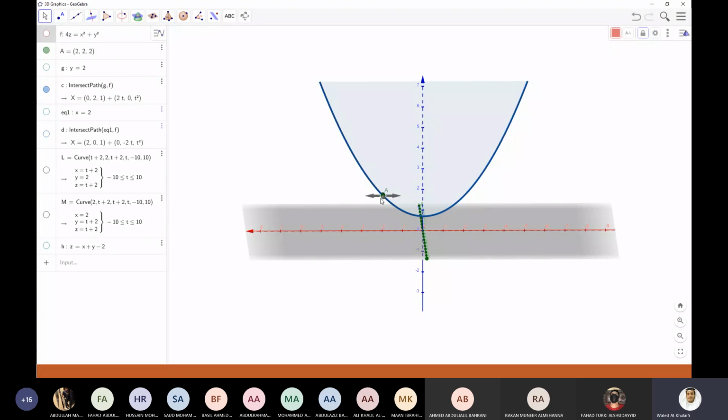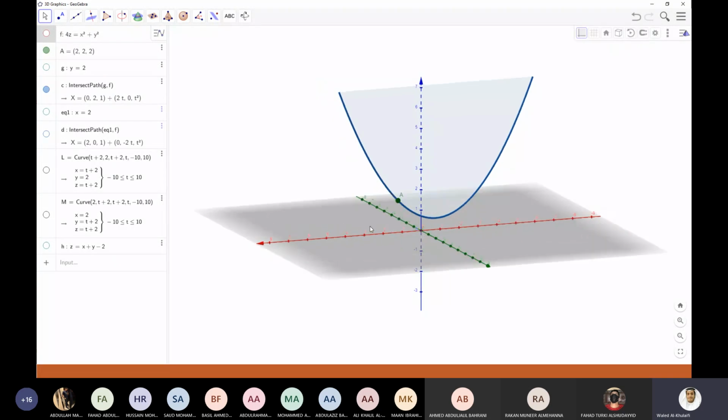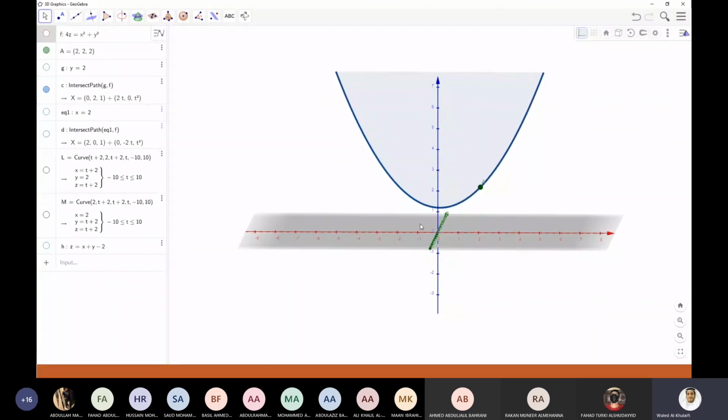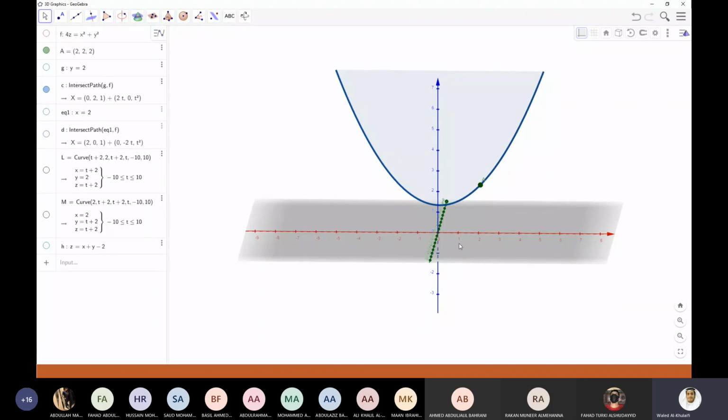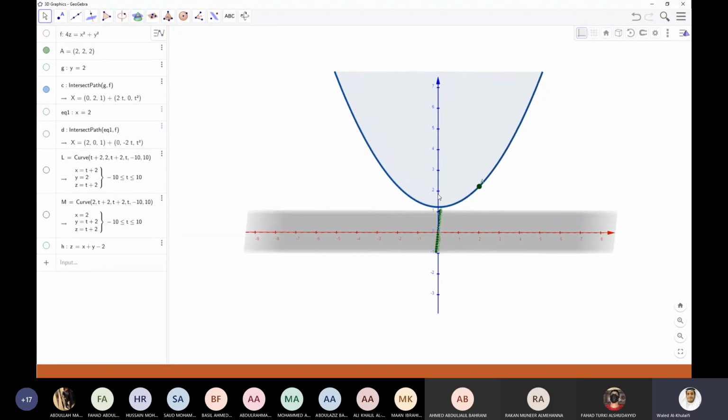You see the point A here. It should go this way, because the x-axis needs to be positive to the right and negative to the left. So this is exactly what we know from Math 101. When I find the derivative with respect to x, it turns out it is the slope of this tangent line.